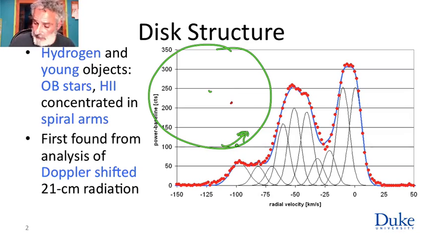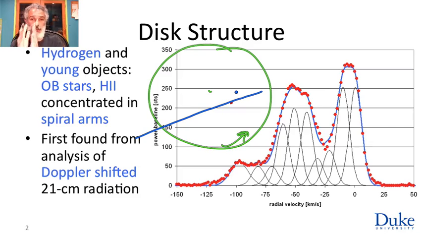And what this graph shows you is the observations that you would get by observing 21 centimeter emissions coming at the Earth from this direction. I told you the 21 centimeter line is a very sharp line.